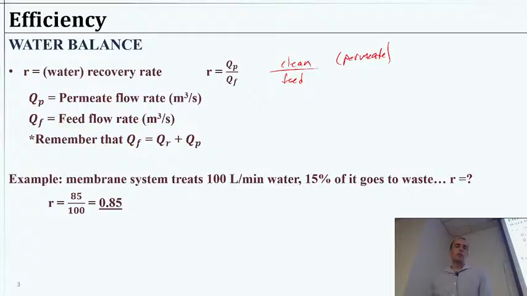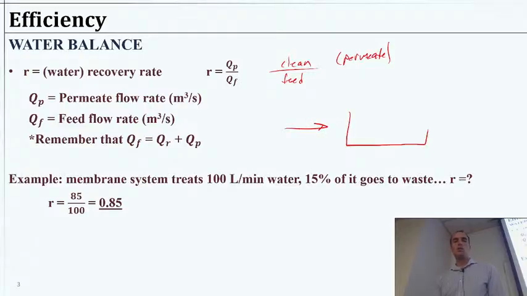Okay, with that, we can calculate a few things. And this is also on the basis that the total flow rate that we're delivering to the membrane, QF, is going to be equal to the two streams combined, QR plus QP.